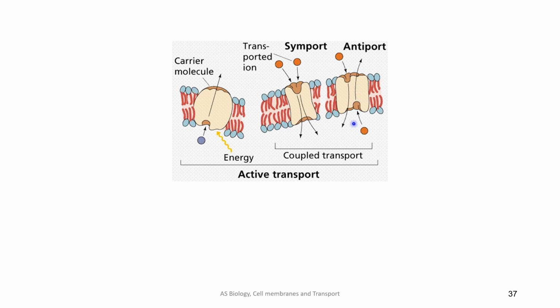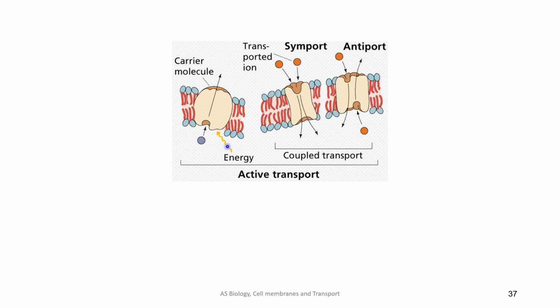So here we have an antiport. This has these molecules moving opposite directions at the same time. This symport is two molecules moving in or out. They're moving in the same direction, two molecules at the same time. And then we have our uniport, which is one molecule moving in or one molecule moving out at one time.